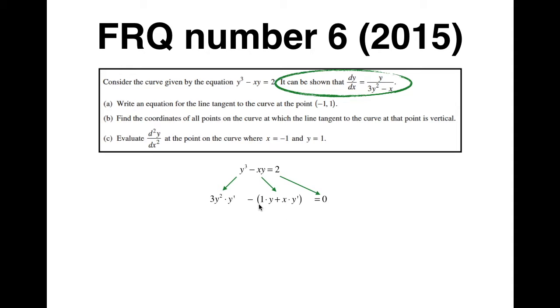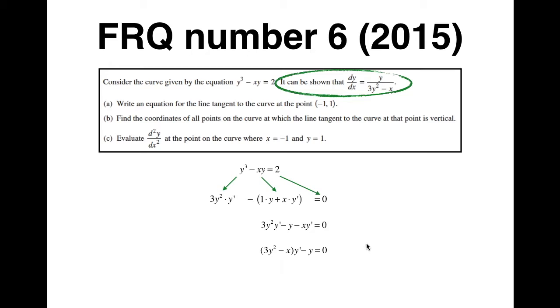I'm going to remove the parentheses now, so 3y squared y prime minus y minus xy prime equals 0. If I want to solve for y prime, I have to factorize. I have a y prime here, I have a y prime there, so factorizing, I get (3y squared minus x) times y prime, and then the minus y that I already had here.